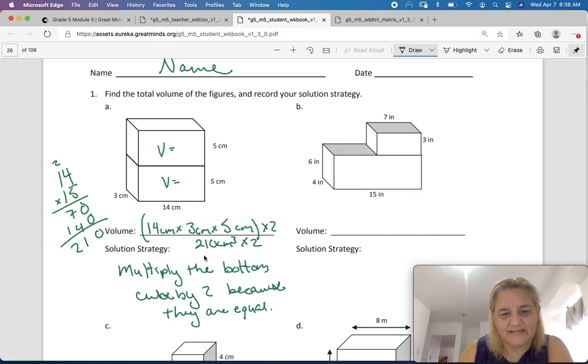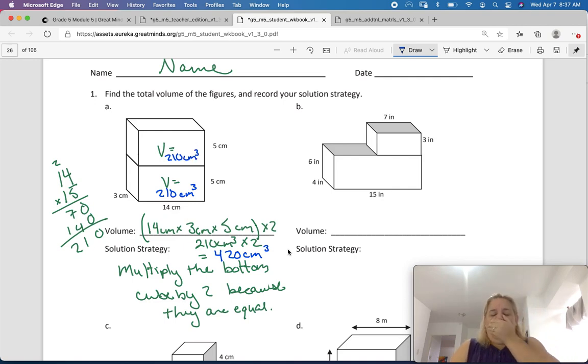So our new answer is, I'm going to change color so you can see it just a little bit better. So 210 times 2 would be 420 centimeters cubed. Okay. So this is 210. And this is 210. So we just added them together. Or multiplied by 2. Oh, sorry.